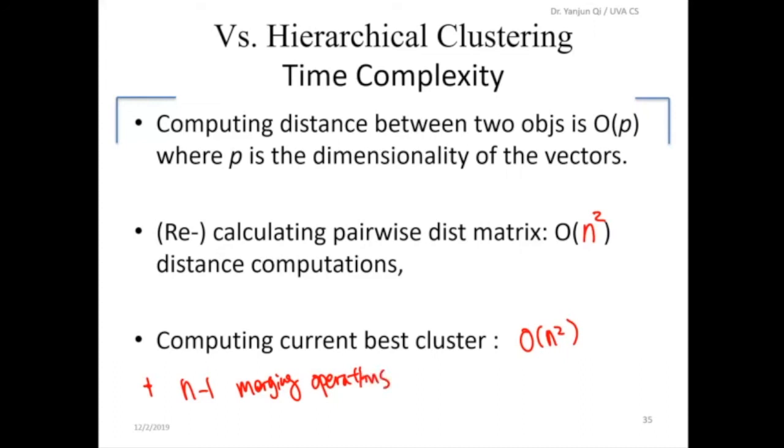This merging operation in hierarchical clustering grows with N, which is also a very big difference versus k-means. So that's the reason why the naive method is N cubed times P. I should write P there. Yes, this is actually P.